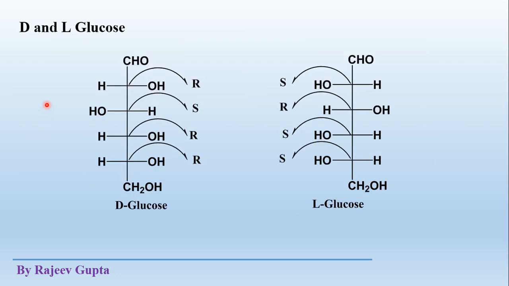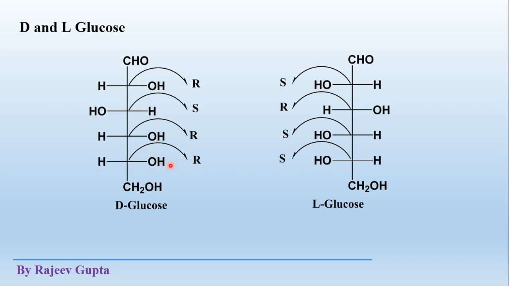See the example of more than one chiral center: D and L glucose. What is D glucose? What is D? D refers to the highest numbered chiral center.